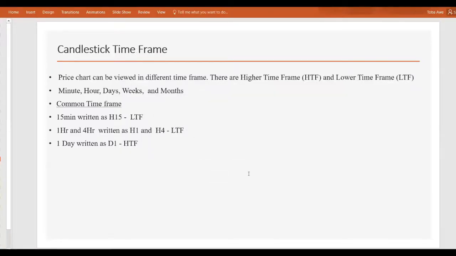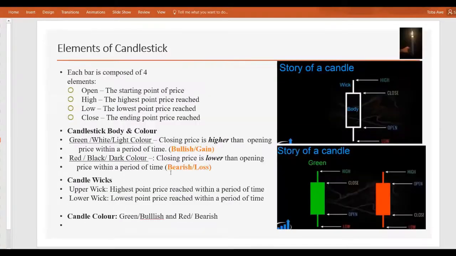Now, I believe with that, we've understood what a candlestick is. In a candlestick you have the body and the wick, and all these are just price points. This is the opening price, this is the closing price, this is the highest price and this is the lowest price. Your candle body represents your open and close, while the wick represents the highest and lowest price.